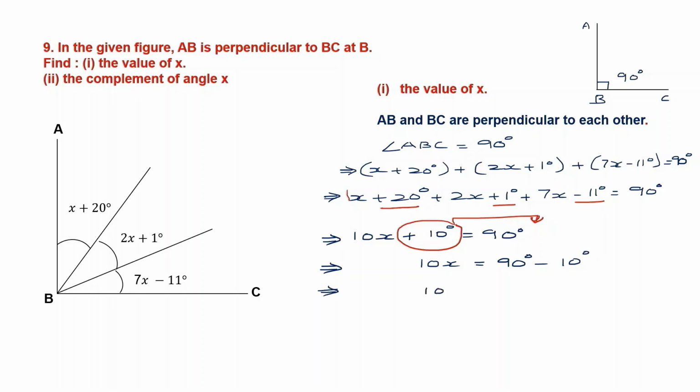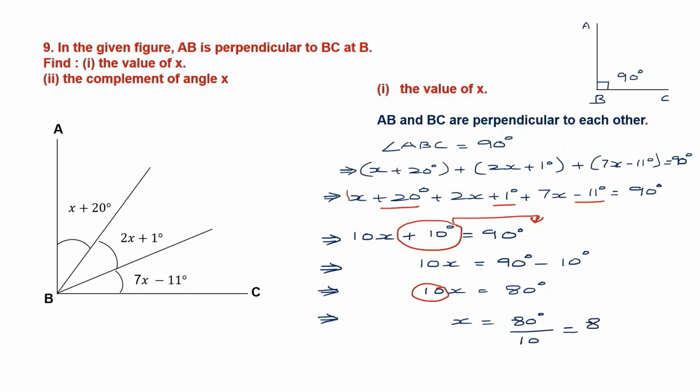So 10x is equal to 90 minus 10 is 80, 80 degrees. Now we're going to find the value of x by writing 80 degrees divided by 10, because 10 here is multiplication, 10 into x. When I take it to the other side, it becomes division. So 80 degrees divided by 10, 80 divided by 10 is 8.